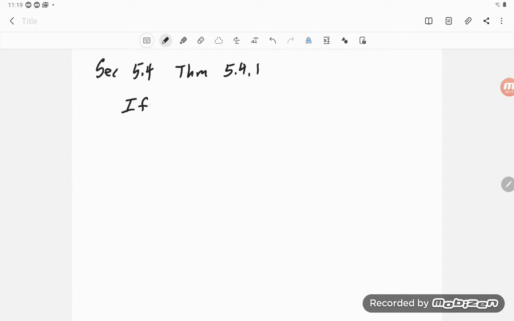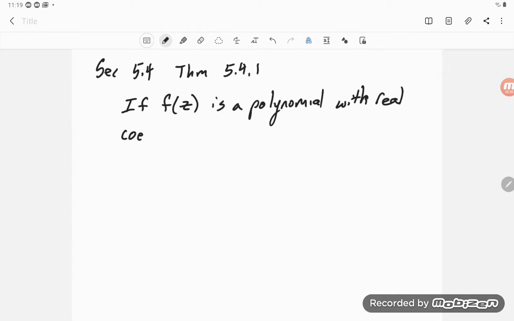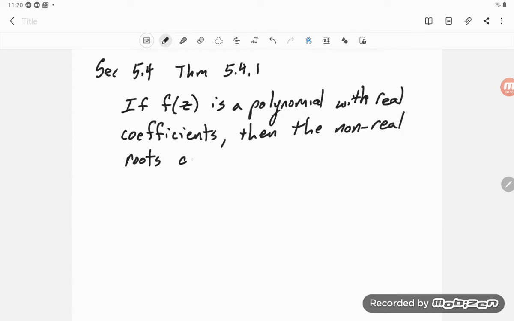So if f of z is a polynomial, and now here's the important part, with real coefficients, then the non-real roots, the complex roots, occur in complex conjugate pairs.